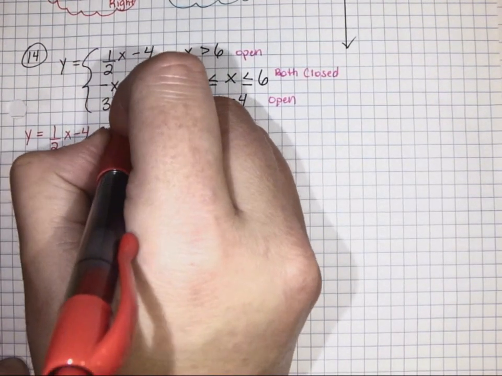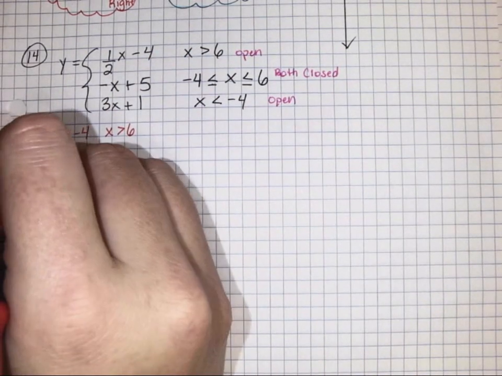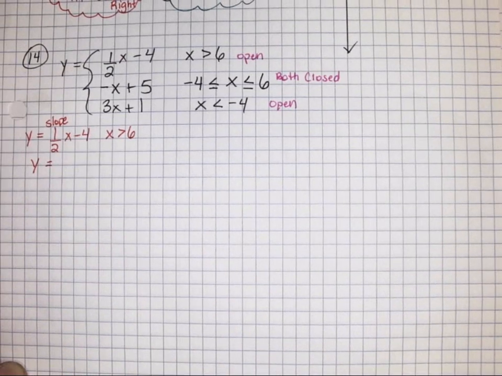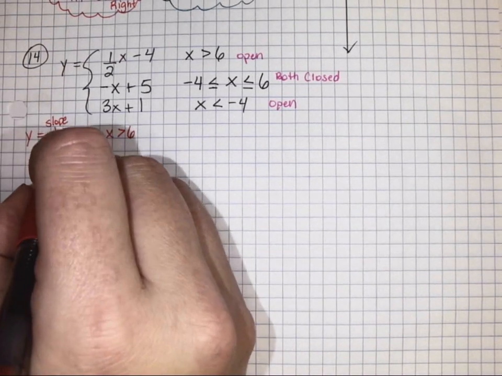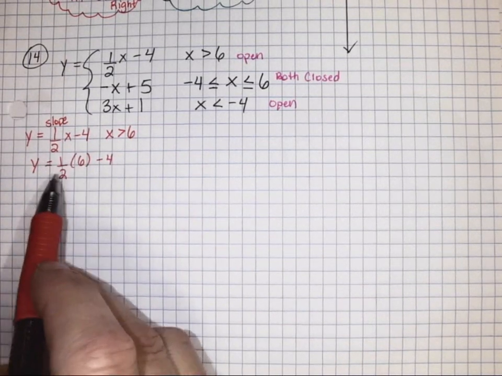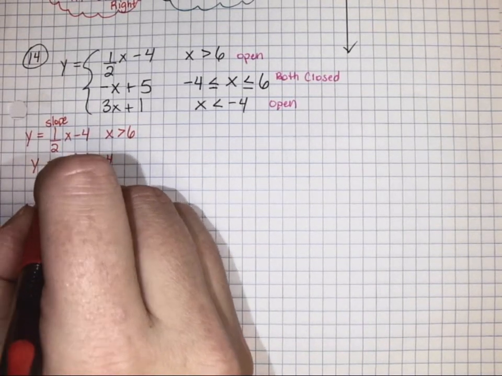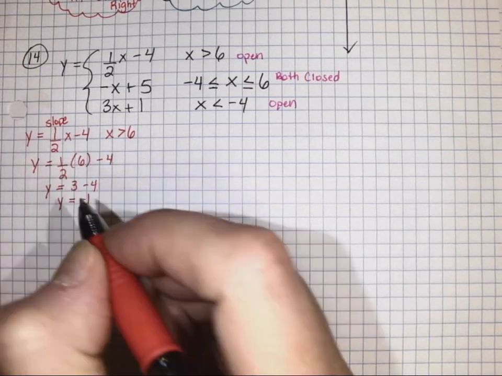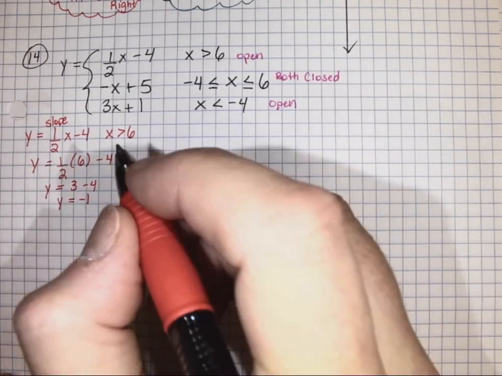I've got this piece, y equals 1/2 x minus 4, when x was greater than 6. My slope is 1/2, notice that. Take 6 and plug in, so I have 1/2 times 6. Half of 6 is 3. 3 minus 4 is negative 1. I plugged in 6.